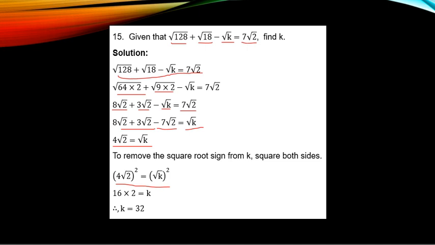Root 2 square means root 2 times root 2, that is root 4, and root 4 is 2. So you have 16 times 2. Root k square means root k times root k, that is k. Or better still, the square root sign cancels square, only k is remaining. So therefore, k is equal to 32.